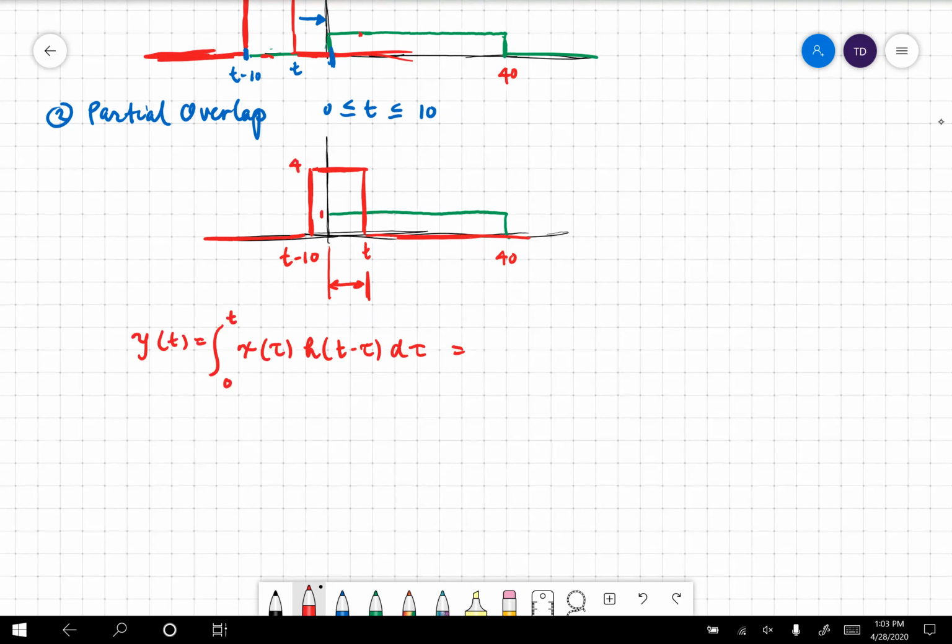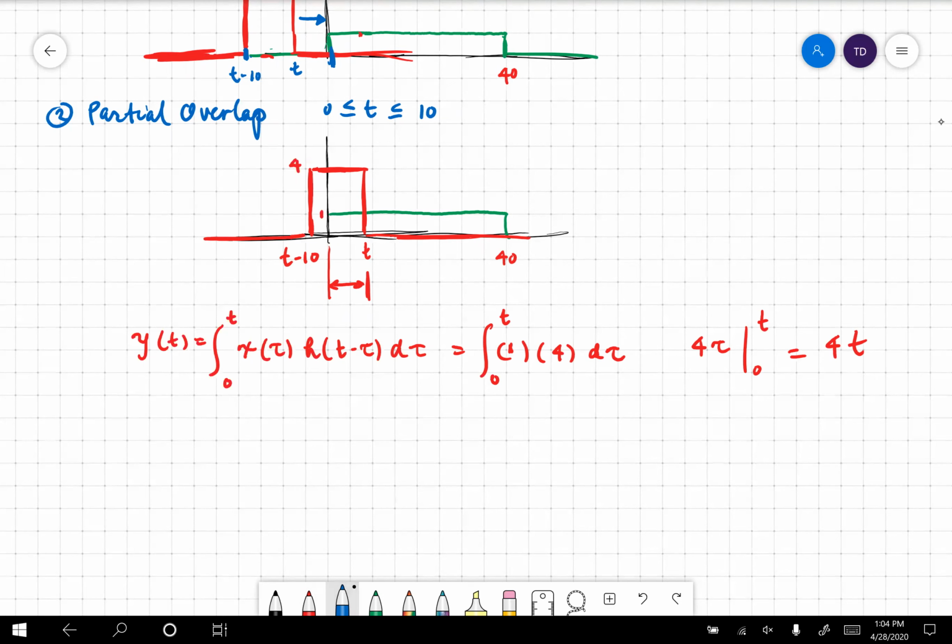Well, what are those functions in that region? X of tau is 1, h of t minus tau is 4, and then I integrate. 4 times 1 is 4. 4 tau evaluated from 0 to t equals 4t. So that's our second region.